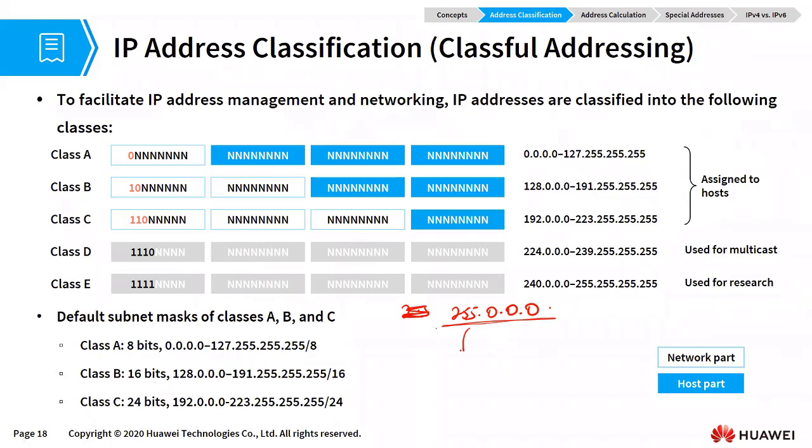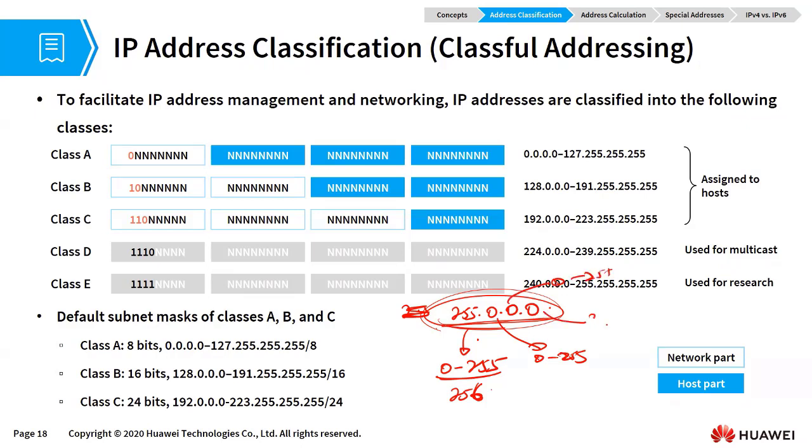In 255.0.0.0, we have one network octet that can go from 0 to 255. So this particular class A network, class A addresses support 256 networks. Now this one can go from 0 to 255. This one can go from 0 to 255.